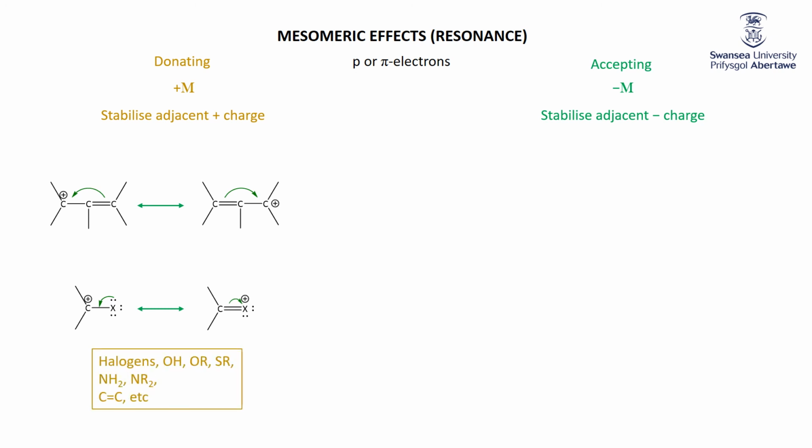Now, we haven't talked much about negative carbon atoms, so-called carbanions, but we will touch on those in later modules. But negative carbon atoms, carbanions, can be stabilized by having a mesomeric acceptor, right? A p or a pi electron acceptor.